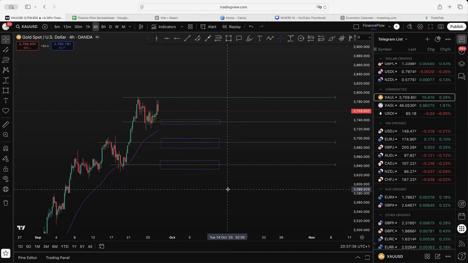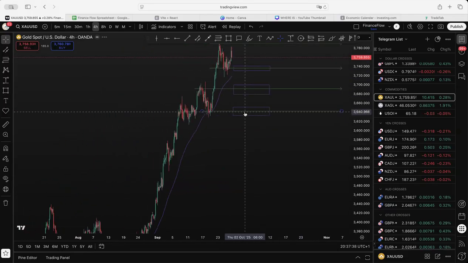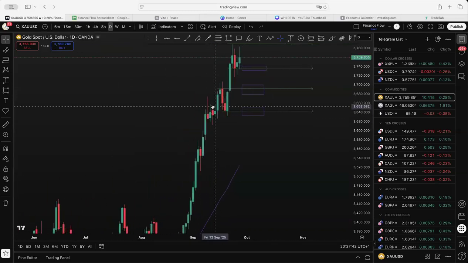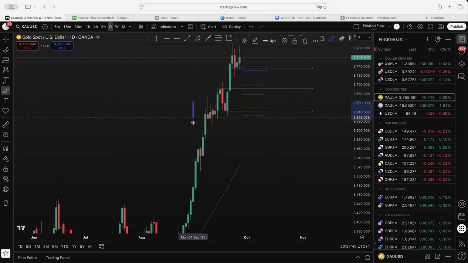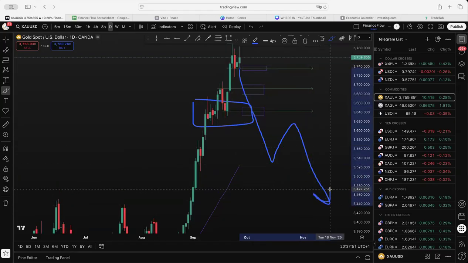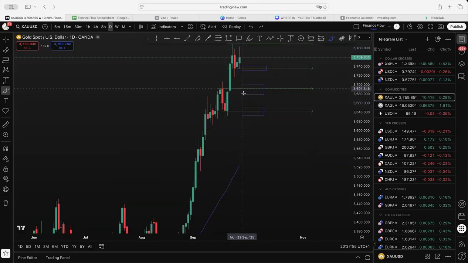I can't look to sell it until we cleanly break, if we're looking at this on a daily, we've got heavy support here. We would have to break through all of this for me to start to change my overall appetite here. But Friday might be a good telltale. We've got unemployment rate, we've got non-farm payroll.